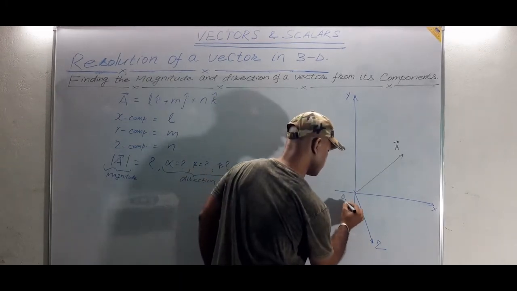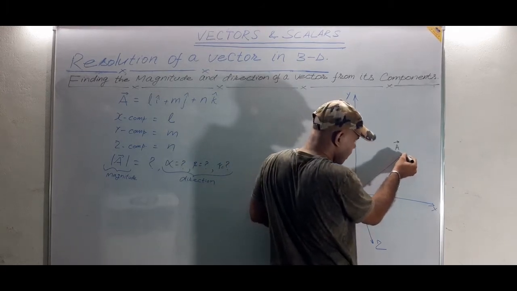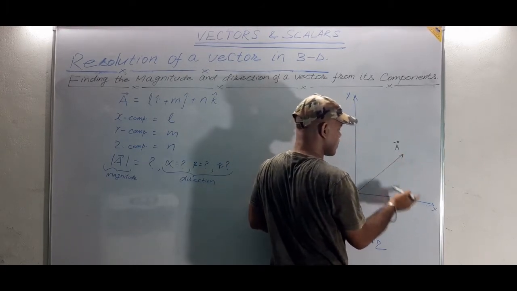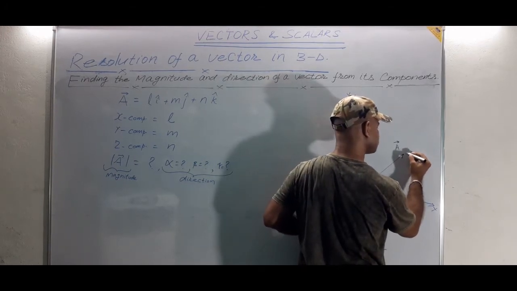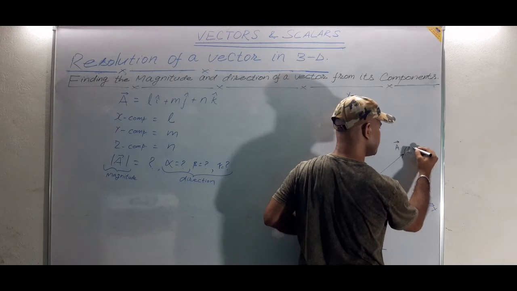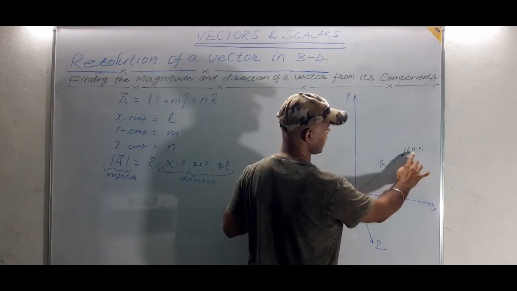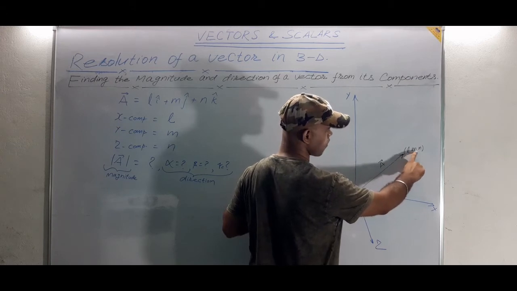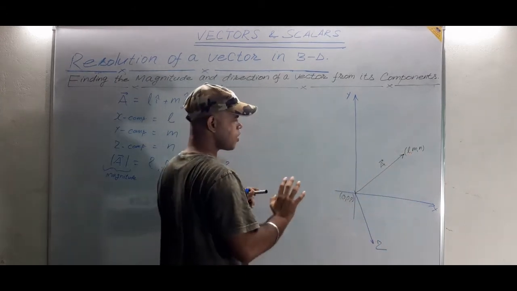So this is origin, and since when we drop a perpendicular on x, y and z, it gives L, M, N, the coordinates of the head of the arrow will be L, M and N, right? X coordinate is L, Y coordinate is M and Z coordinate is N, right? All right.